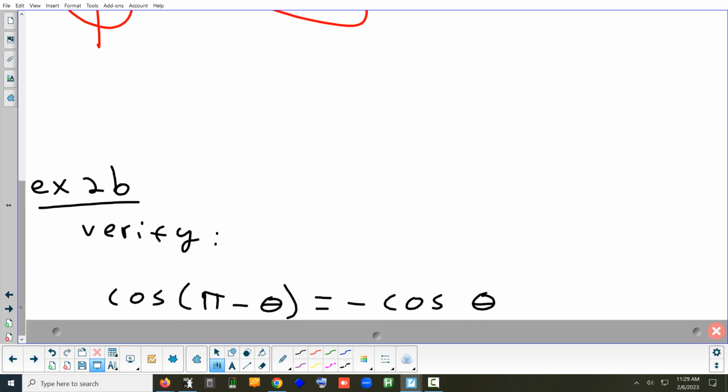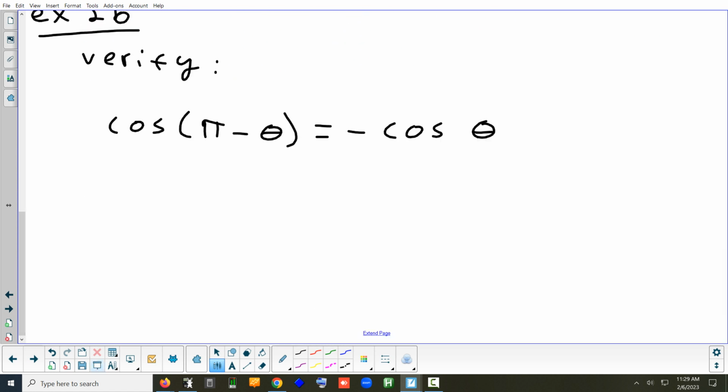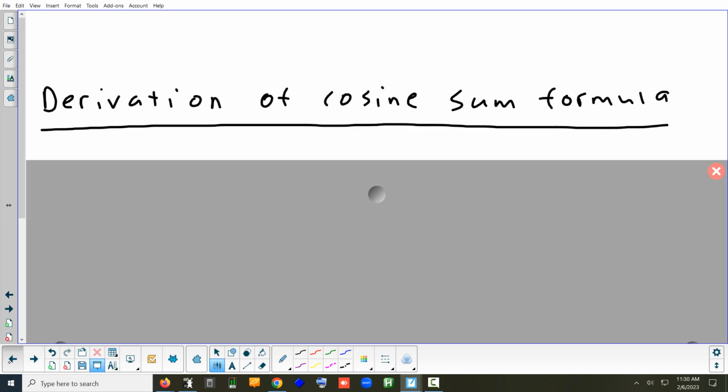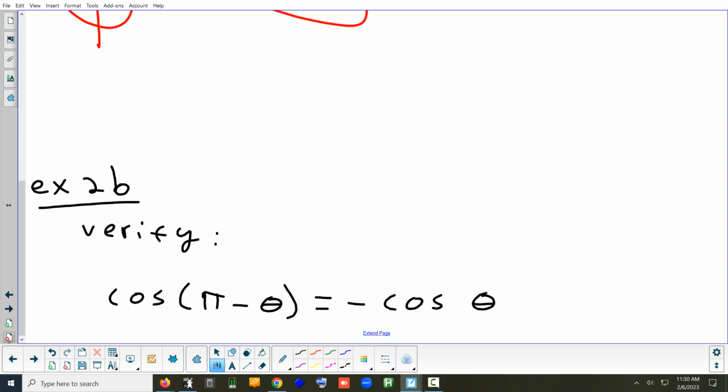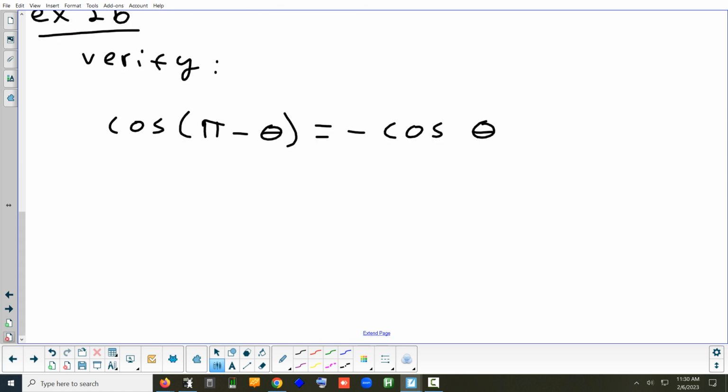All right, let's try this one. So another verify. And on the left, we have a cosine difference. Same thing. The next one we're going to do is cosine sum, but let's do one more with the difference. Can somebody set up the left-hand side for me, applying the cosine difference formula to what's written there?